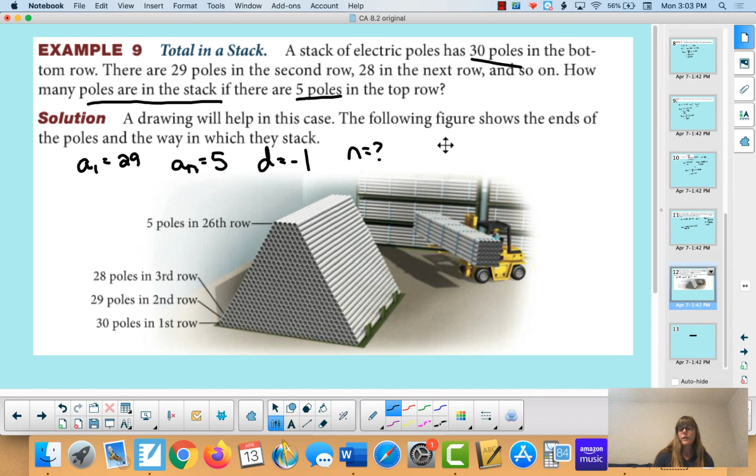So that's what we need to figure out. So we're going to use our arithmetic sequence equation first. That says a sub n, which is 5, equals a sub 1 plus n minus 1 times the common difference. A sub 1 is 30. So if I subtract 5 minus 30, I get negative 25.